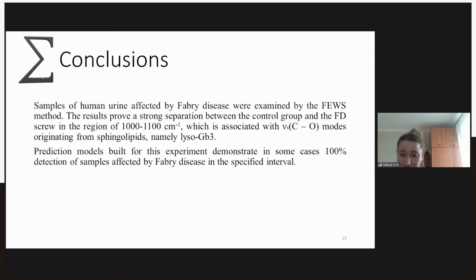And it's really important for us because, just like I said before, Fabry disease is a really rare disease, and we need to have good biomarkers to find a lot of patients with that illness.